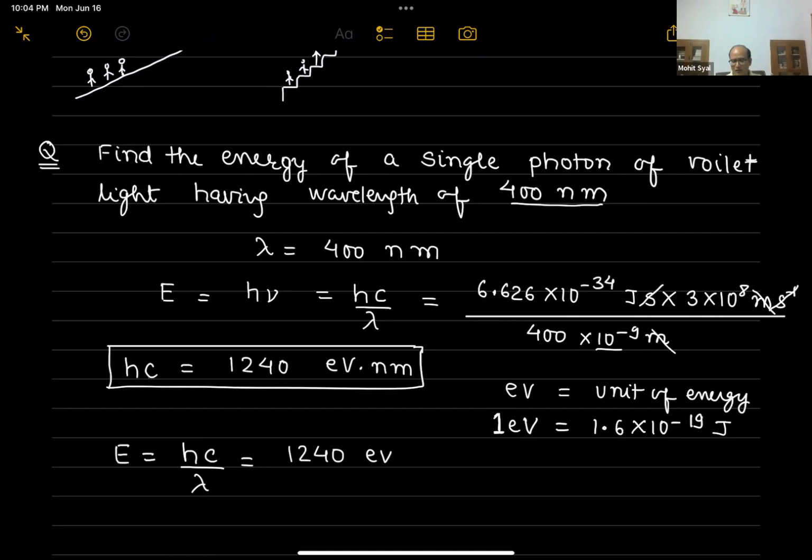It is the product of h and c in electron volt. So remember this value because this makes life very easy. Divided by 400.